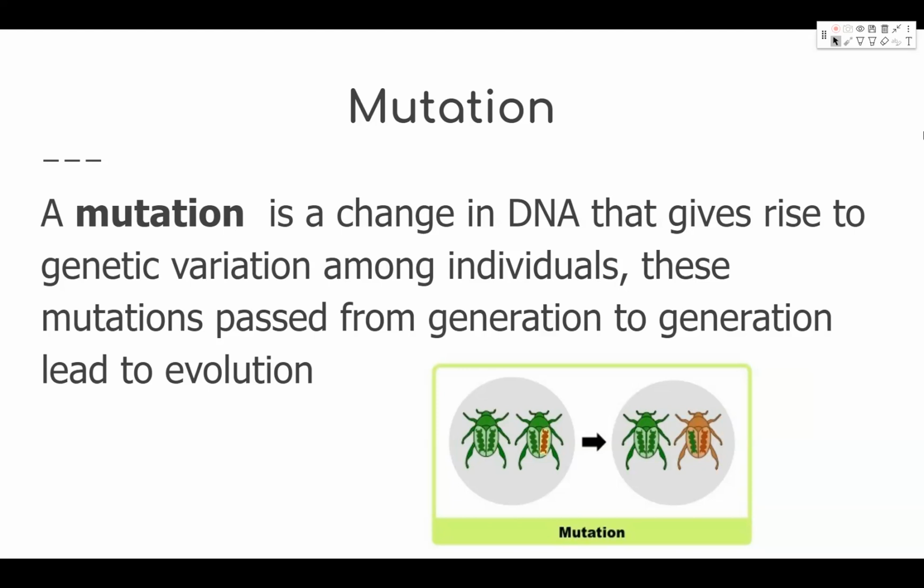Now, if that change was early enough in their DNA or in a germline or in the cells that are passed down to the next generation, that mutation gets passed down. So the next generation can have even more brown bugs. And then if those brown bugs survive and live and have more baby bugs, they can have even more brown bugs. Changing the gene pool by adding to the gene pool. That is how a mutation can lead to evolution.